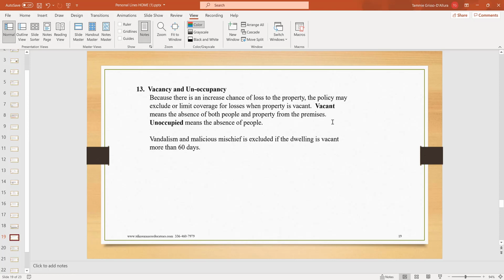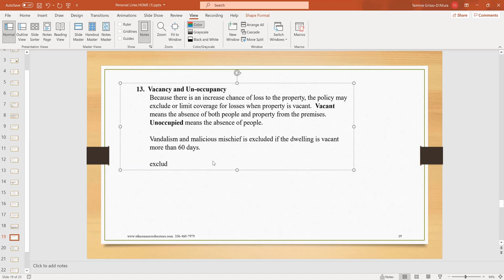A building is not vacant if they go on vacation, okay? That is unoccupied. Vacant means truly they do not live there. There is nobody there. There is no property there. Now, some things that are excluded are vandalism and malicious mischief if the dwelling is vacant more than 60 days. So you have that 60-day clause there.